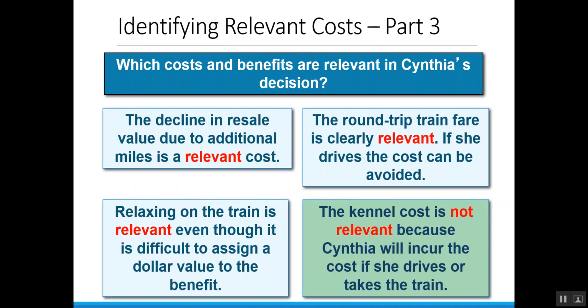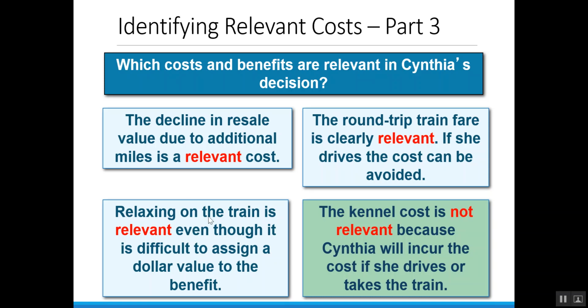By the way, the decline in resale value for driving the car the additional miles is relevant. The round trip train fare is relevant as well. The kennel cost is not relevant because whether she drives the car or takes the train, she'll still have to put the dog in a kennel.